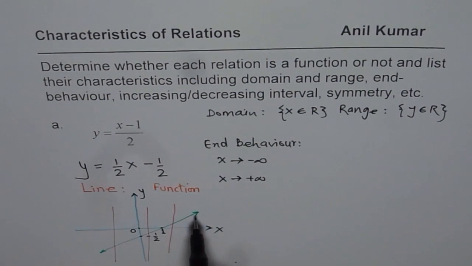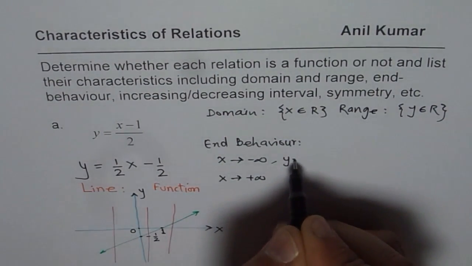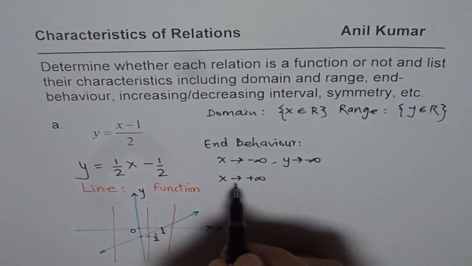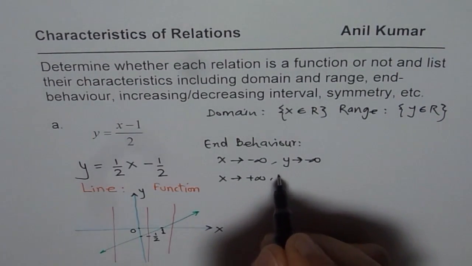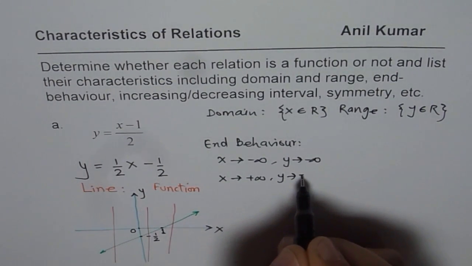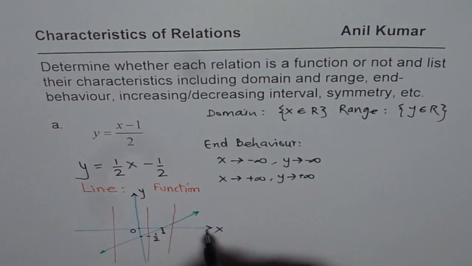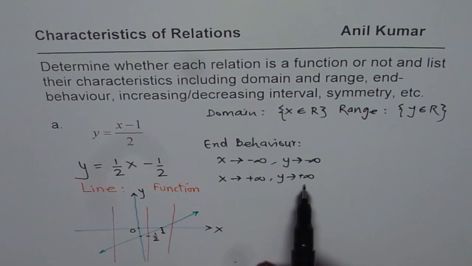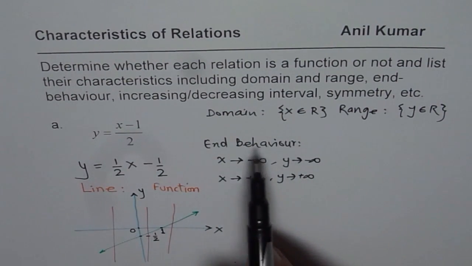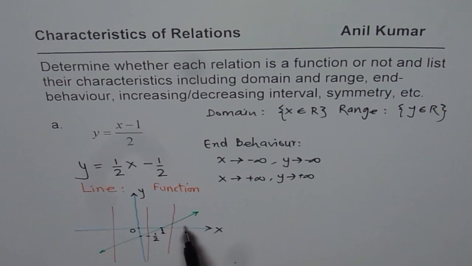From here we can clearly see that as x approaches a large negative value, y also approaches a large negative value. When x approaches a large positive value, y approaches a large positive value. Higher the x, higher the y value. So both approach positive infinity. That is the end behavior of the given function.